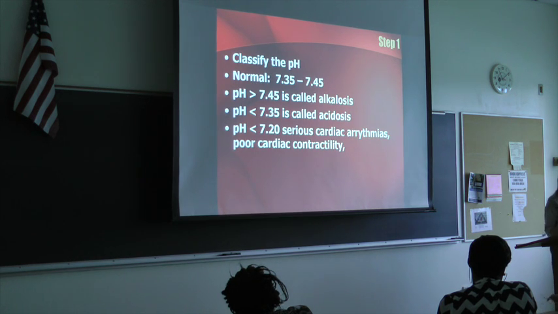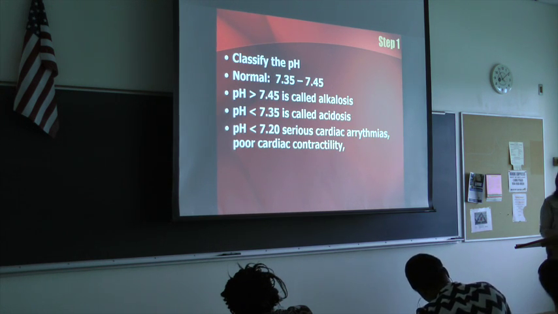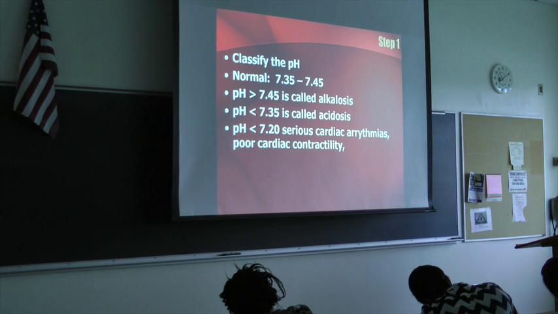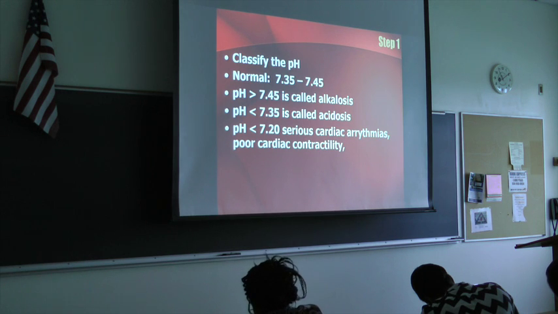So the 5 values from an arterial blood gas, write this down in your notes. Number 1, pH. Number 2, PaCO2, little a, from the artery.